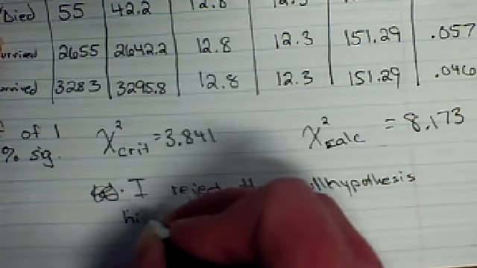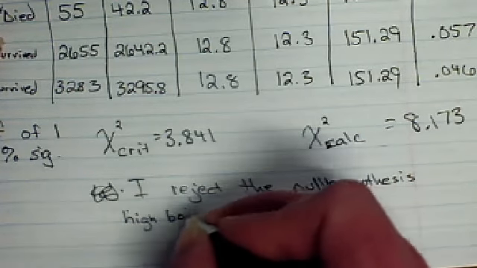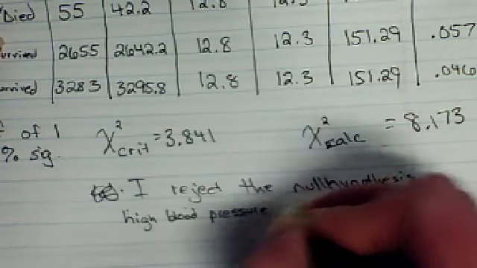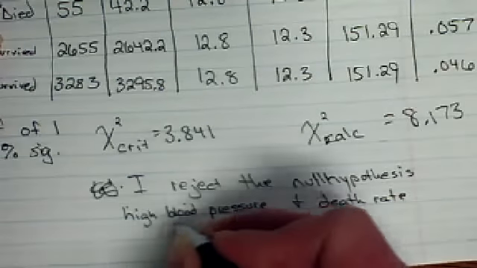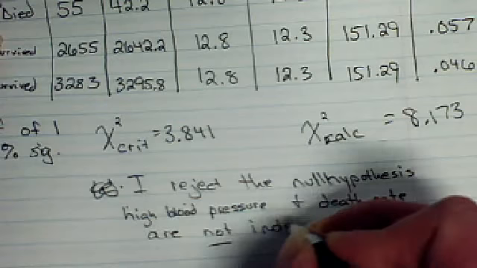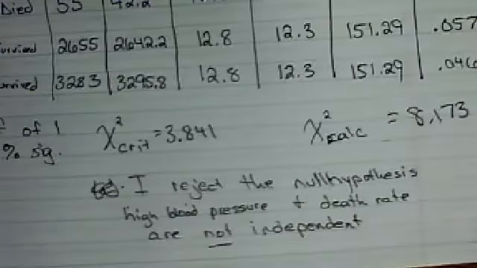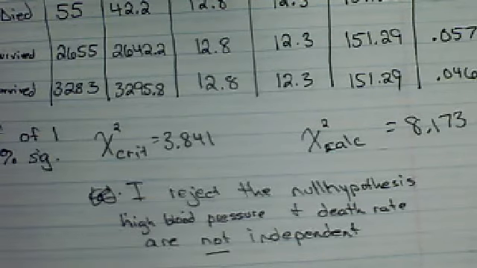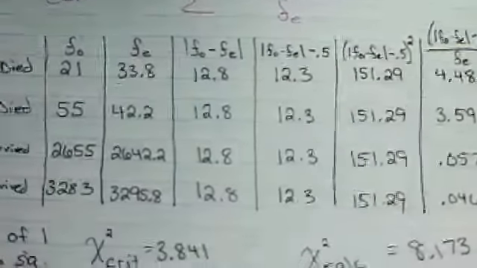High blood pressure and death rate are not independent. And we actually were able to tell that from such a small chart. But that's the only difference in the chi-squared tests, is that for this one you have to add just one extra little column.